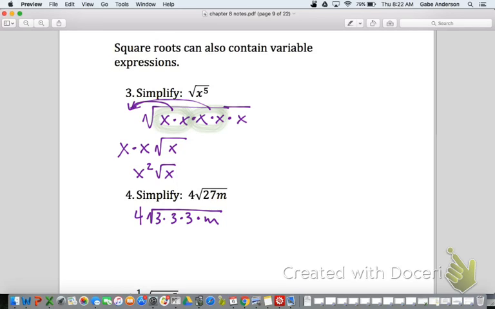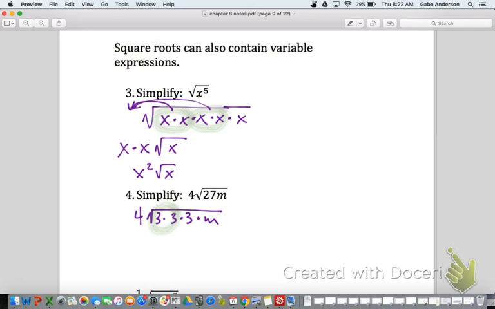So when these numbers and letters start trying to pair up to get out of the radical, how many groups of 2 do you see pairing up? Just one, right? It would just be the 2 3s. So there'd be a pair of 3s right there. The last 3 and the m don't have anyone to pair up with, and so they're going to have to stay in the radical.